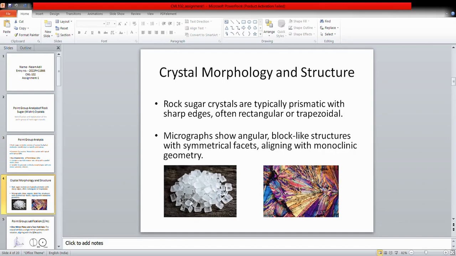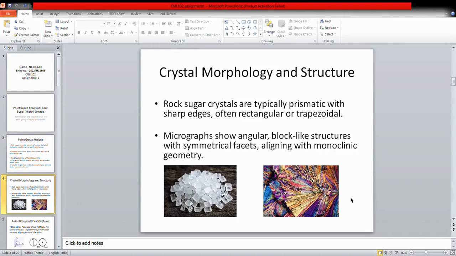In the microscopic image which I obtained from Google Images, a lot of colors can be observed, which signifies the fact that dispersion of light takes place and all the colors can be observed.